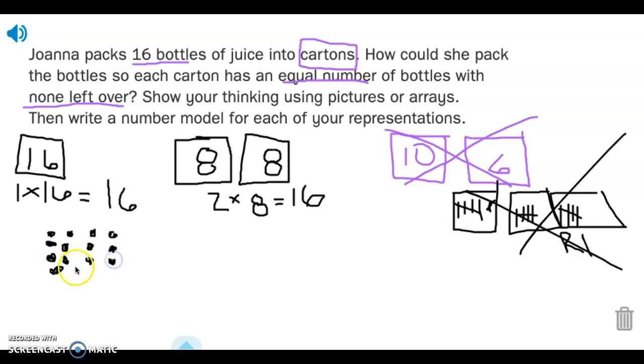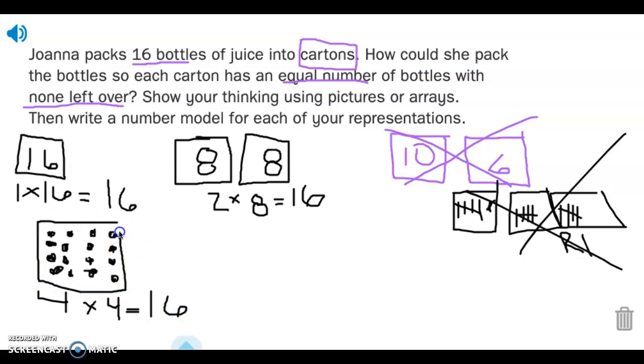Well, I know 4 times 5 is 20, so take away 4 would be, oh my goodness, 16. And when we have a number times itself, remember it makes that perfect square. What's that called? Remember, it's called a multiplication square because when I multiply my two factors together, it makes a square when we multiply as an array. Great!